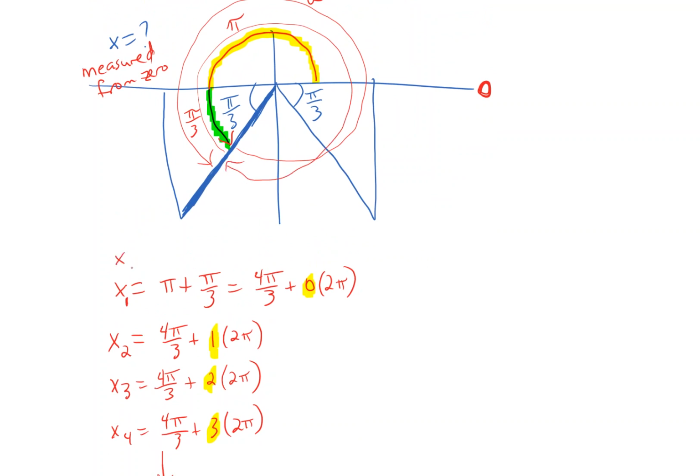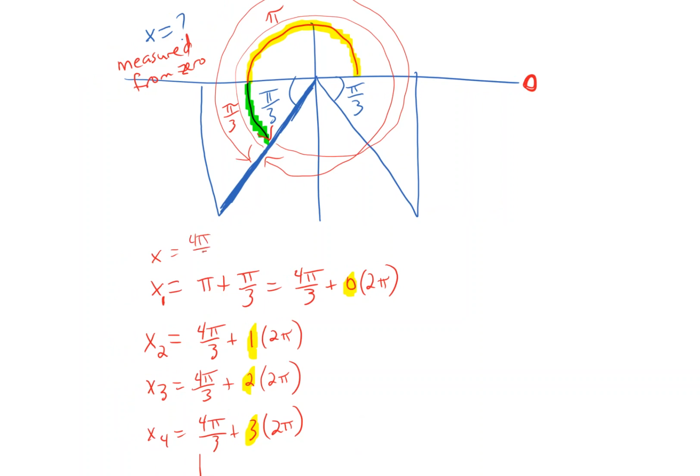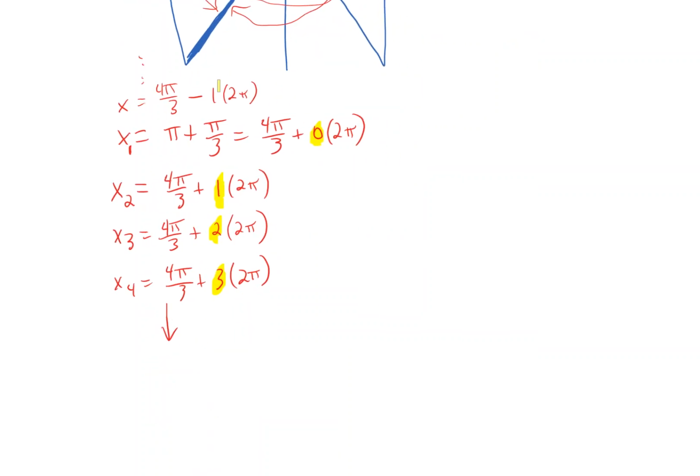So the previous x value before this would be 4 pi over 3 minus 1 times 2 pi, and I could keep going and do minus 2 times 2 pi, etc. But the point is, all of my answers for x that land right here are 4 pi over 3 plus some number k times 2 pi, and k is an integer.